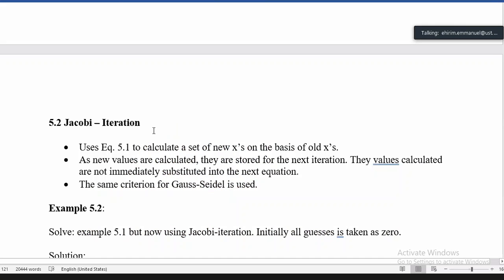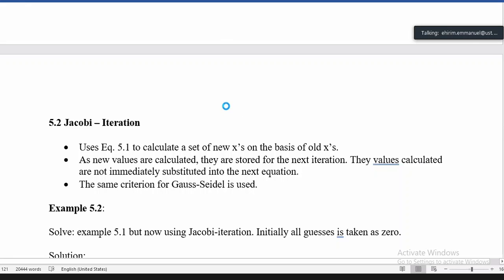The difference is that you can use the structure, but when you calculate the new x, you keep it. You don't substitute immediately. They are just stored for the next iteration. In each iteration, you calculate x1, x2, x3. Remember, in Gauss-Seidel, when we calculate x1, we substitute it into the second equation to calculate x2.